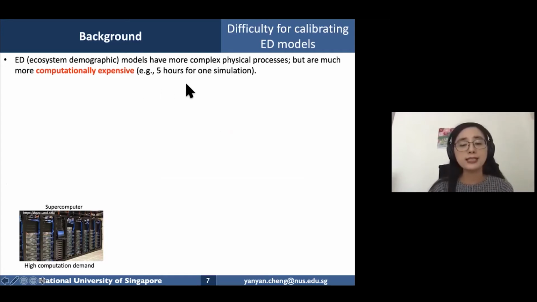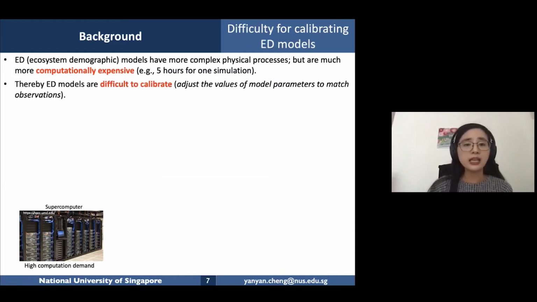If we simulate just a single piece of vegetation, it may take about 5 hours to finish just one simulation. Thereby these ED models are very difficult to calibrate. By calibrate, I mean we adjust the values of the model parameters to match the observations.